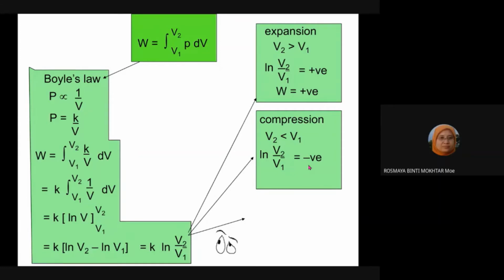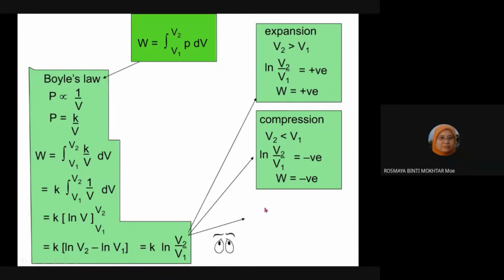Let's say ln 0.4 or ln 0.8, you will get negative, always negative. For ln larger than 1, as for expansion, the answer is always positive. For ln less than 1, the answer is always negative. So as a conclusion, in the compression process, the work done is negative. For expansion, the work done is positive.